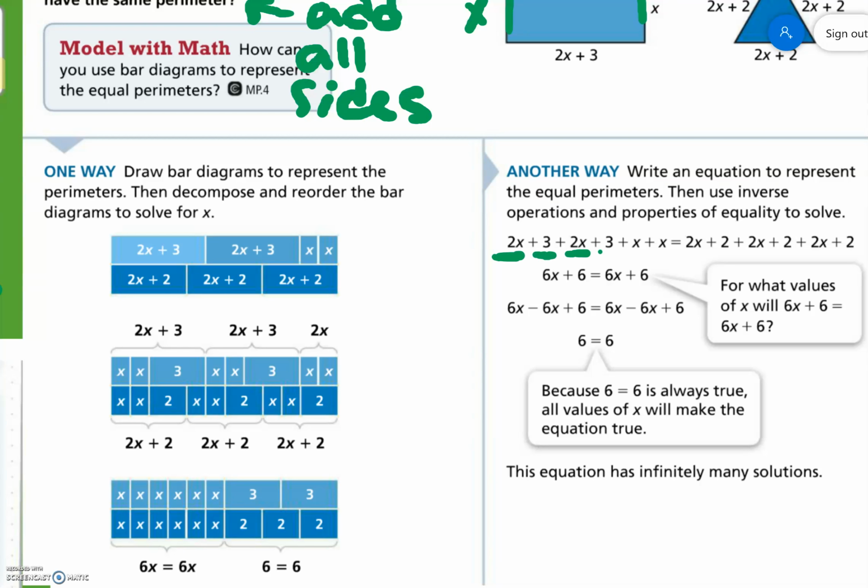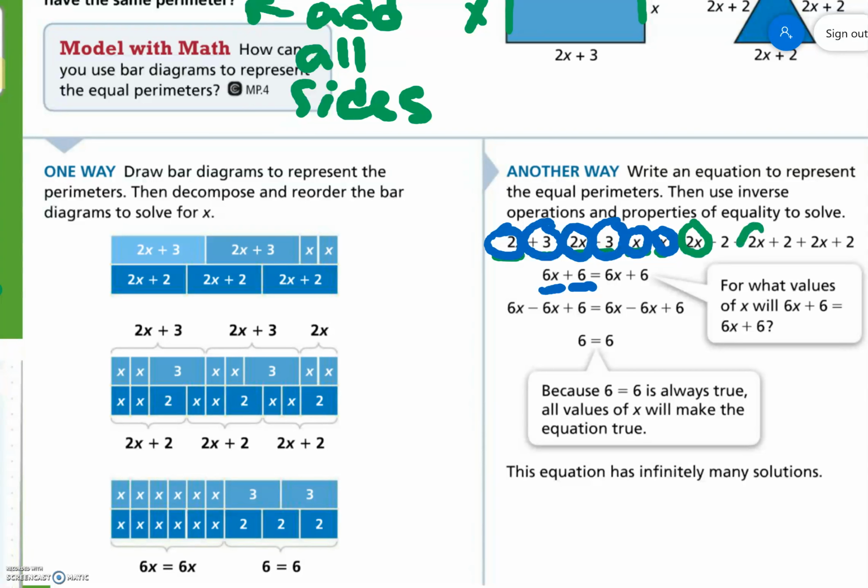2x plus 3 plus 2x plus 3 plus x. Combine like terms. So we have 2x, 2x, x, and x, 2, 4, 5, 6x, and 3 plus 3, which gives me a positive 6. Then we have the perimeter of the triangle.